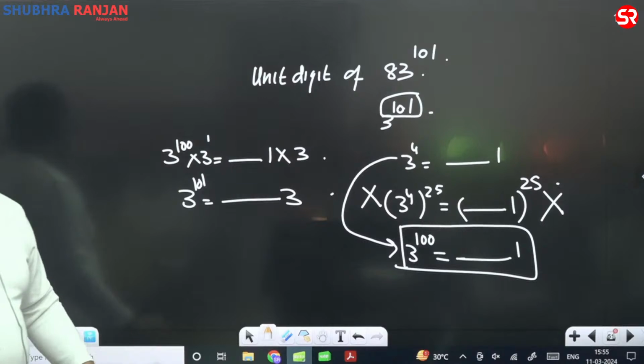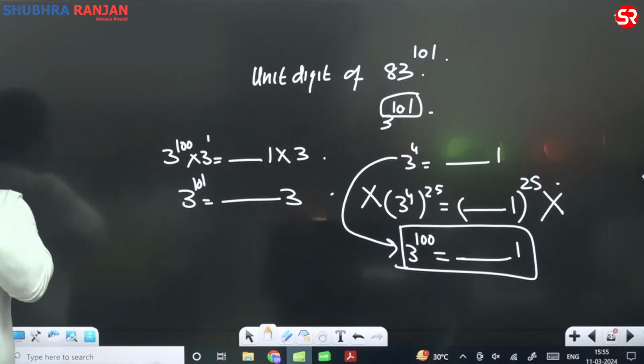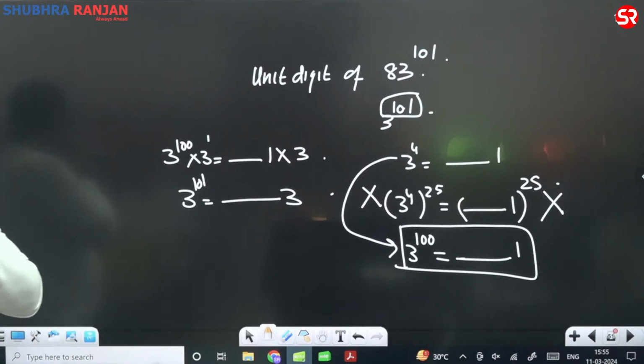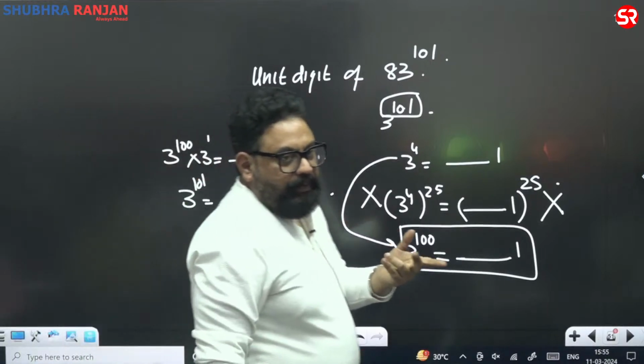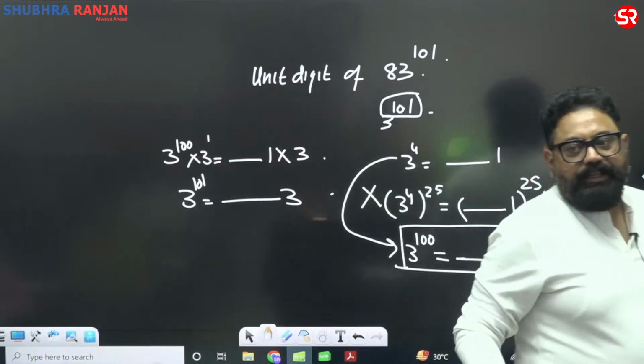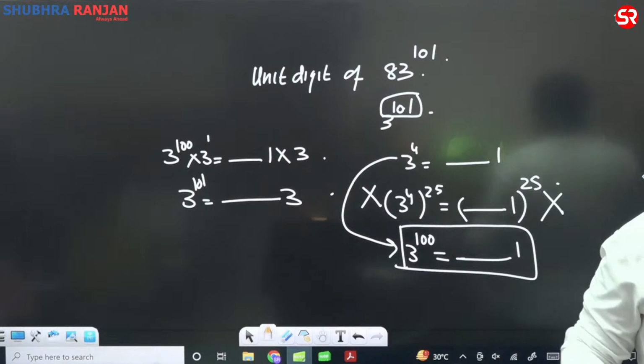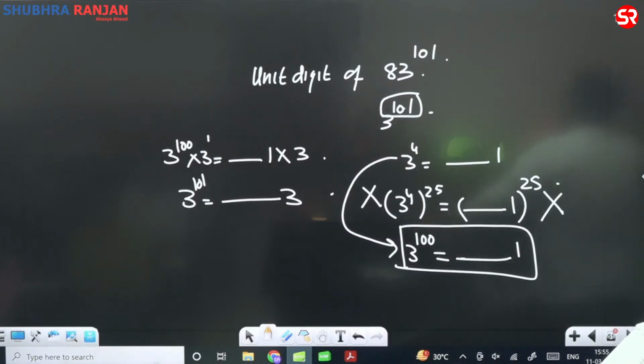Finished, over. Once you make 1, things are very easy, because 1 would be made either at the 4th step or at the 2nd step. If it is the 4th step, a multiple of 4 has to be formed. Simple.